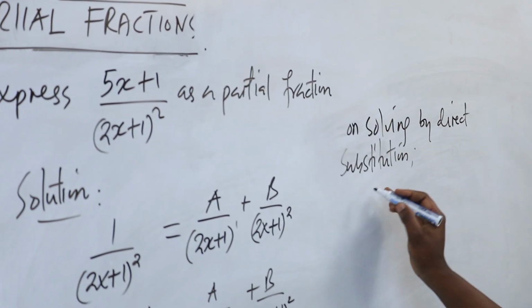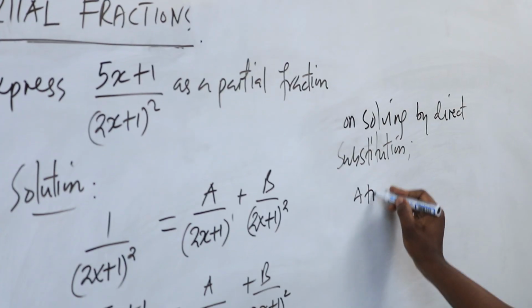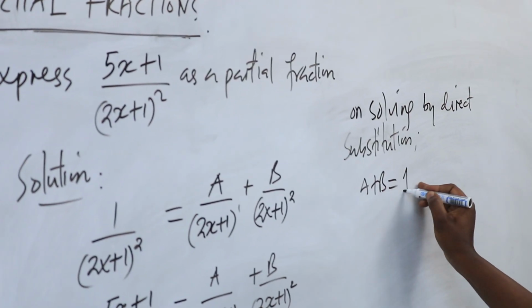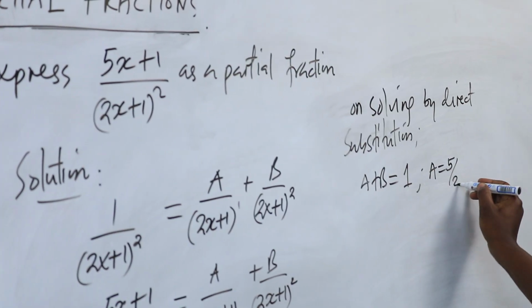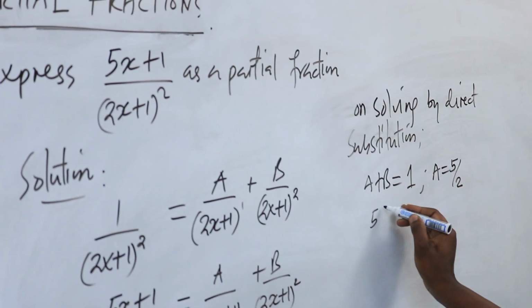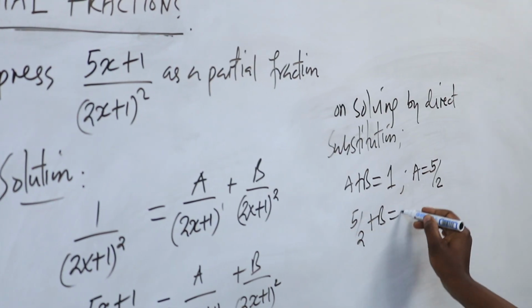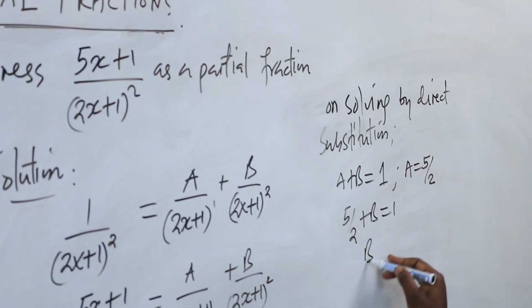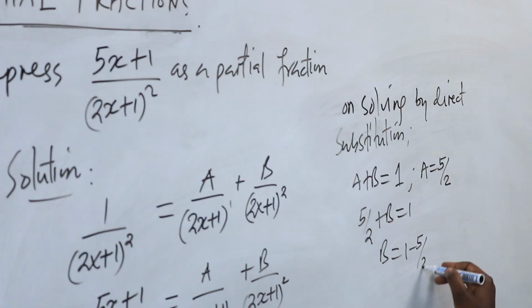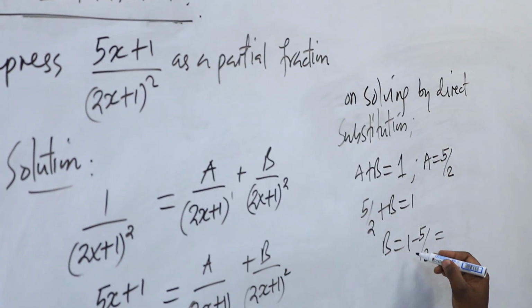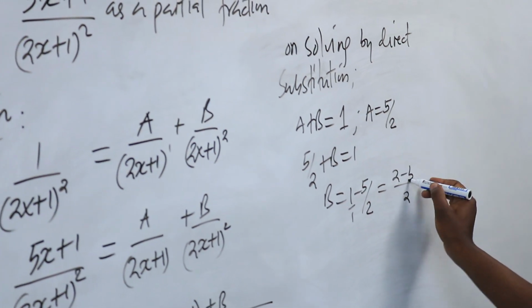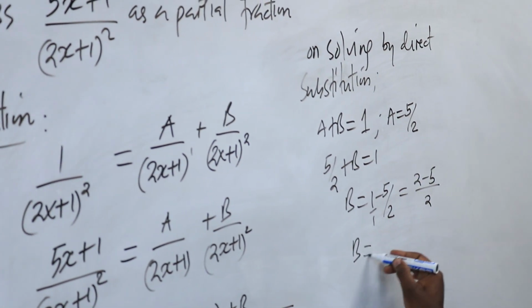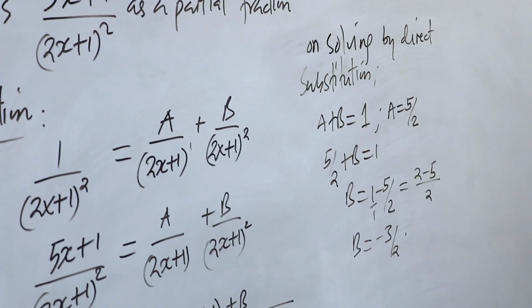If A is 5 over 2, so from here A plus B is 1, and now we know A is 5 over 2. So here becomes 5 over 2 plus B equals to 1. So the value of B becomes 1 minus 5 over 2, which equals, the LCM is 2, so we get (2 - 5) over 2. So B becomes negative 3 over 2.